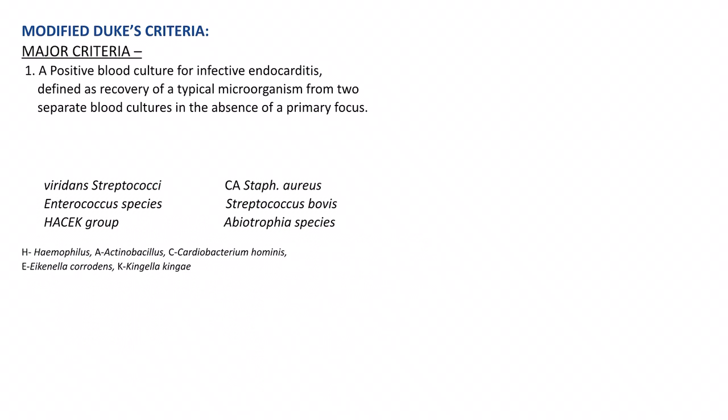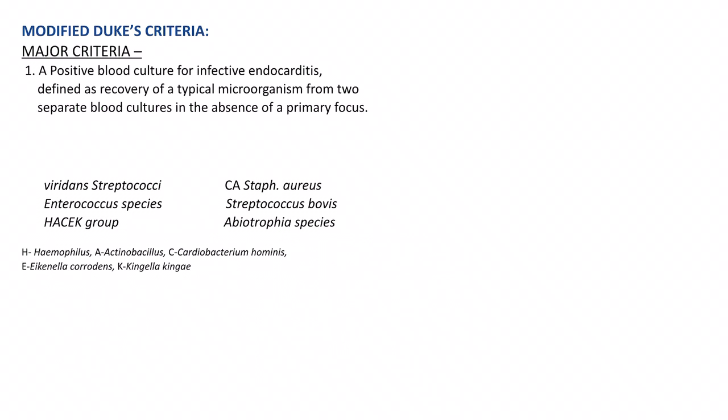And the organisms which are isolated and can be labeled as a positive blood culture are viridans streptococci, community acquired Staphylococcus aureus, Enterococcus species, Streptococcus bovis, HACEK group of organisms, and Abiotrophia species. HACEK stands for: H stands for Haemophilus, A for Actinobacillus, C for Cardiobacterium hominis, E for Eikenella corrodens, and K for Kingella kingae.